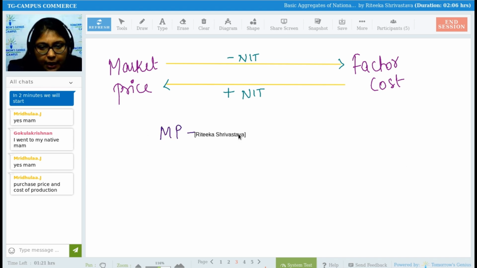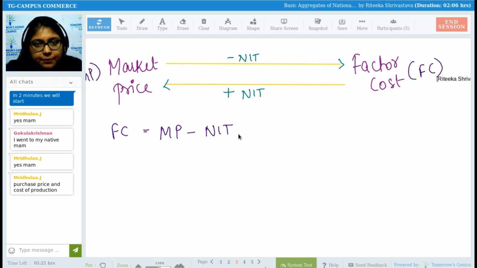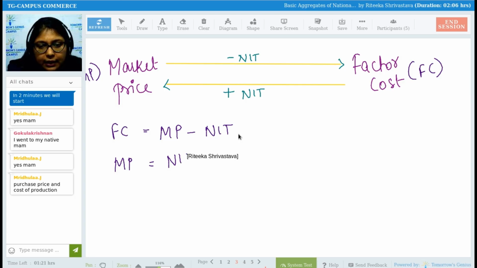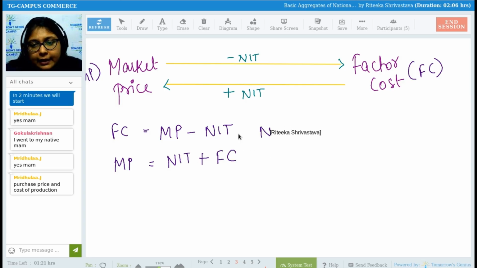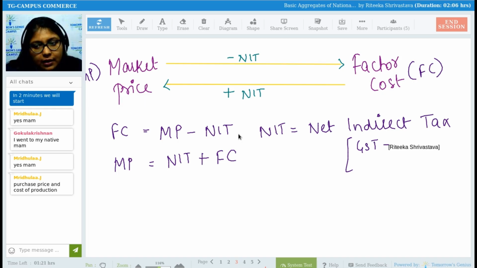Market price minus NIT is factor cost. I am writing the short forms MP and FC. And the same way, if you want to find out MP, then NIT plus FC. NIT is nothing but net indirect tax, which is also known as GST.